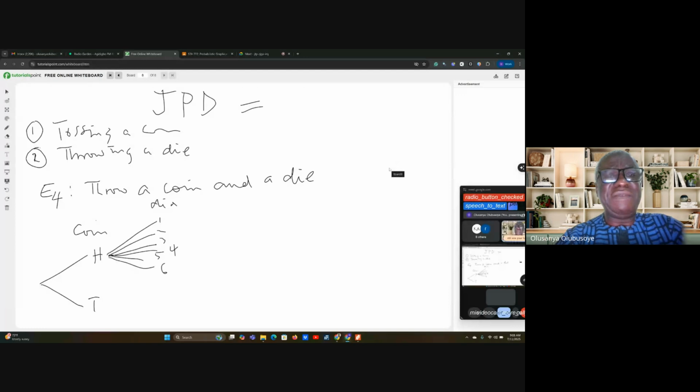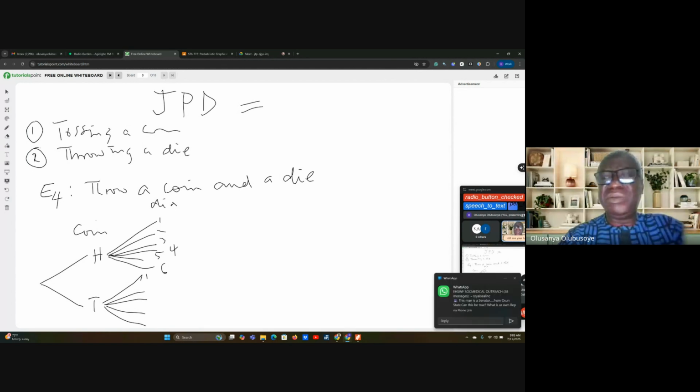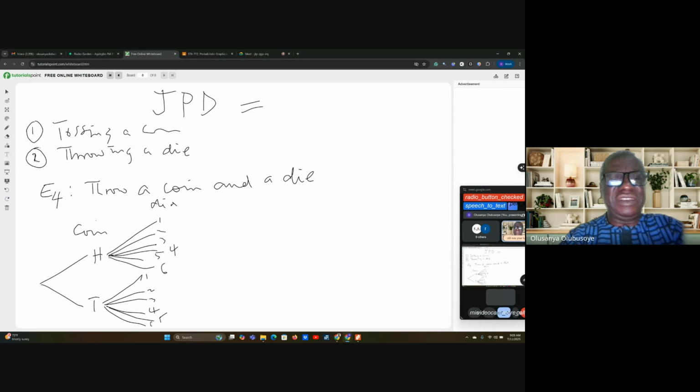In the coin we could have a head, and then in the die we have a 1. The same thing can happen here. We have tail in the coin and 1 in the die. So we have 1, 2, 3, 4, 5, 6, which means we could have all possible outcomes.